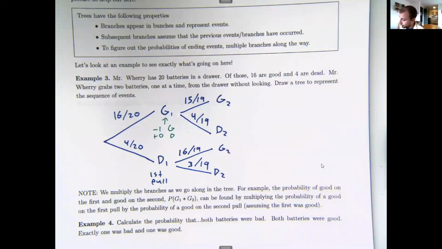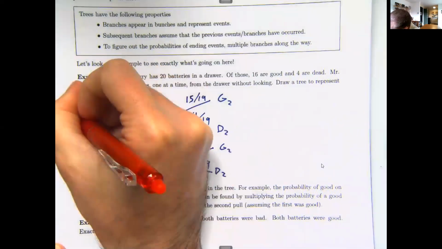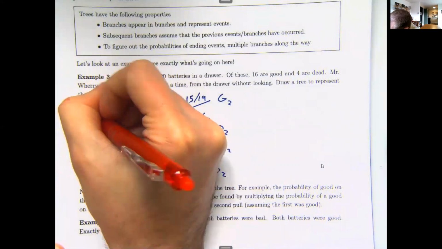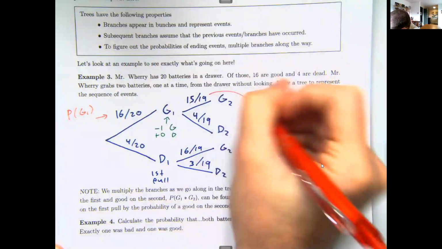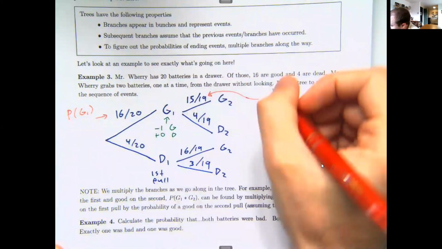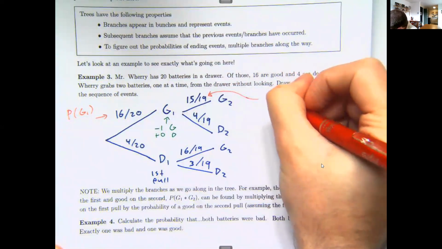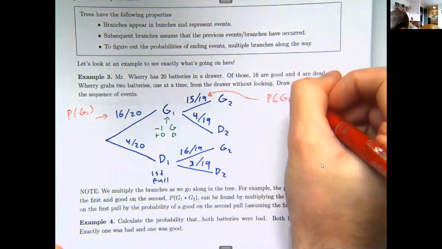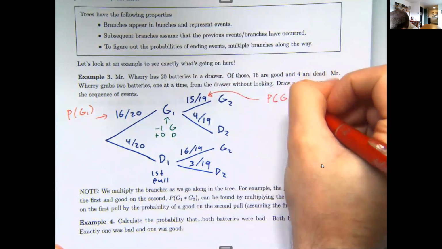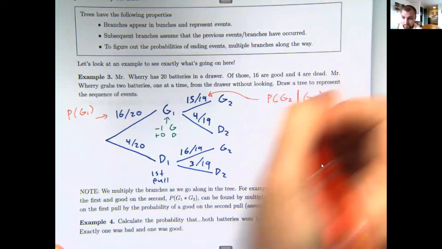If I want to label these probabilities on the side, and I'm only going to do it on this one just so you can see what's going on, this probability here represents the probability of a good on the first pull. When I'm talking about these numbers on subsequent branches, this is the probability that I get a good on the second, assuming that I got a good on the first.